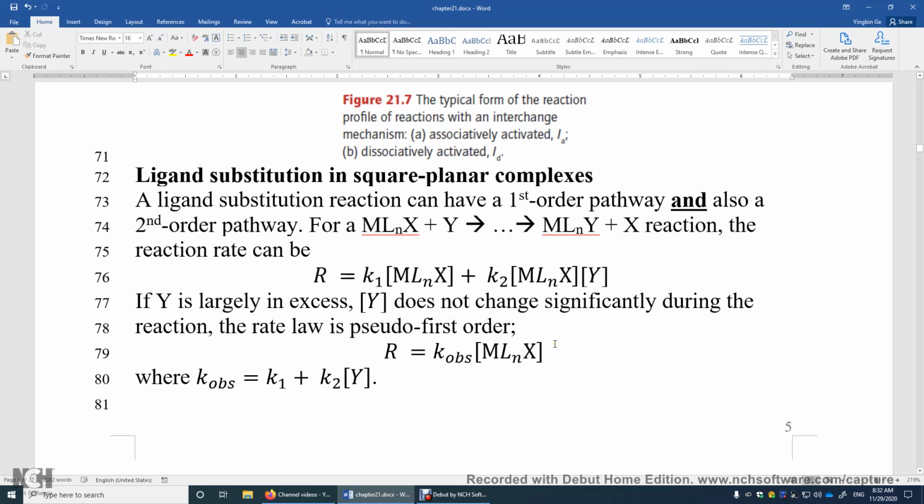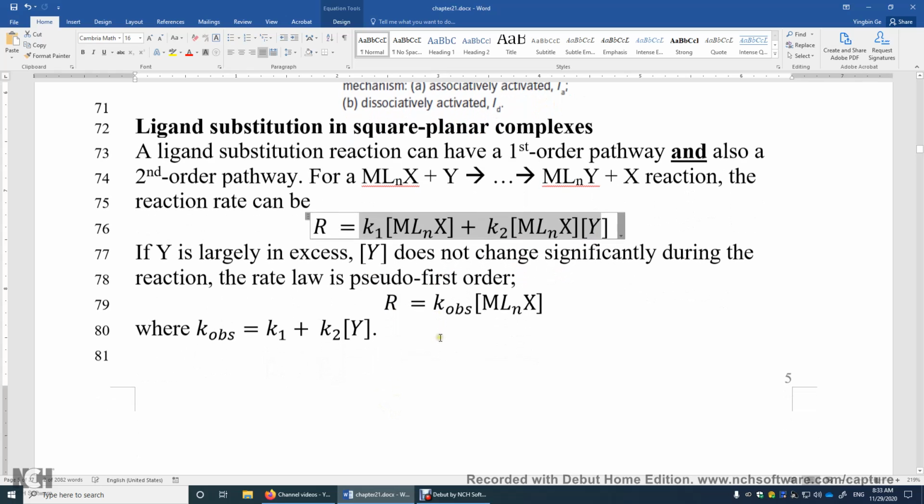So you might be fooled by your experimental data and think it's a first order reaction, but really it's a so-called pseudo first order reaction. It's actually a complex reaction mechanism that involves two different pathways, first order and the second order, at the same time.